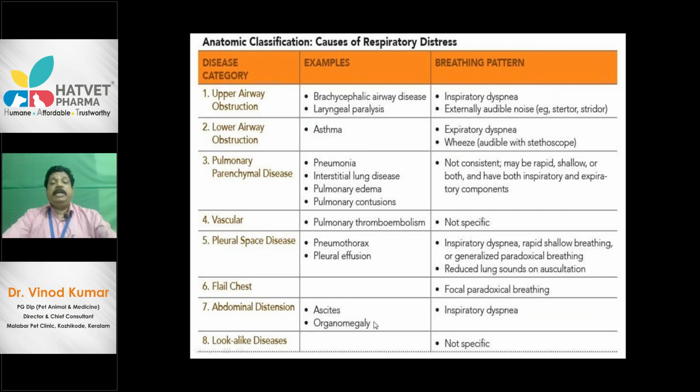In severe abdominal distension, what will happen? In ascites and organomegaly, there is severe abdominal distension. This distended organ, due to ascites or a severe hepatomegaly or splenomegaly, will increase the convexity of the diaphragm, pushing it forward, and while expanding, it will not go backwards, so that the lungs cannot expand too much.